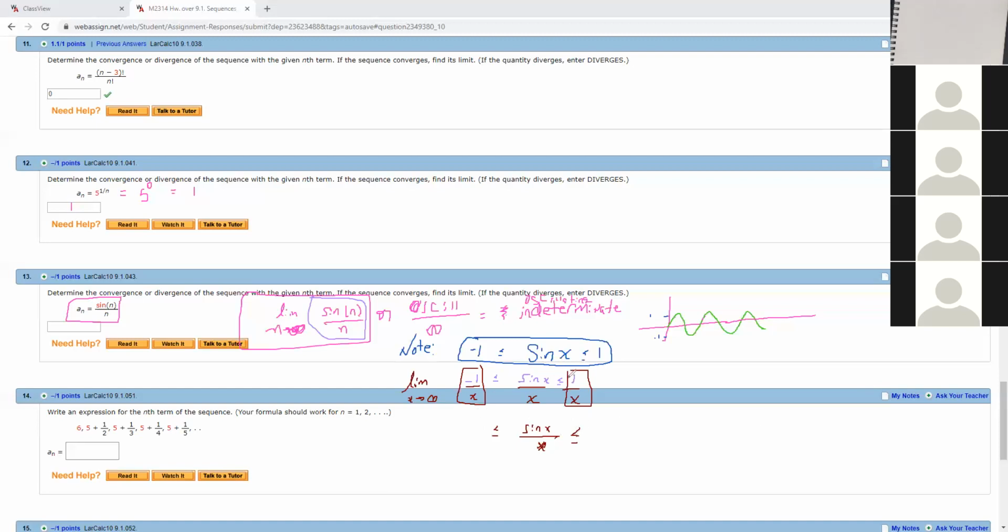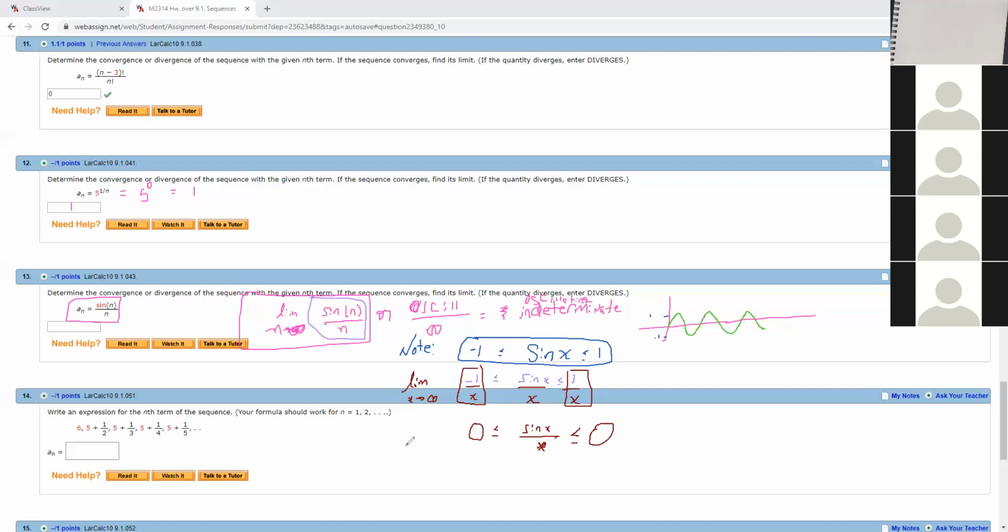So what is 1 over a larger and larger number? It's getting closer and closer to what? 0. And the same thing on this side: -1 divided by a larger and larger number. It's a smaller and smaller number, but it's just a -1. So it's coming in closer and closer to 0, but from the negative side. So these are negative tiny numbers that are getting closer and closer to 0.